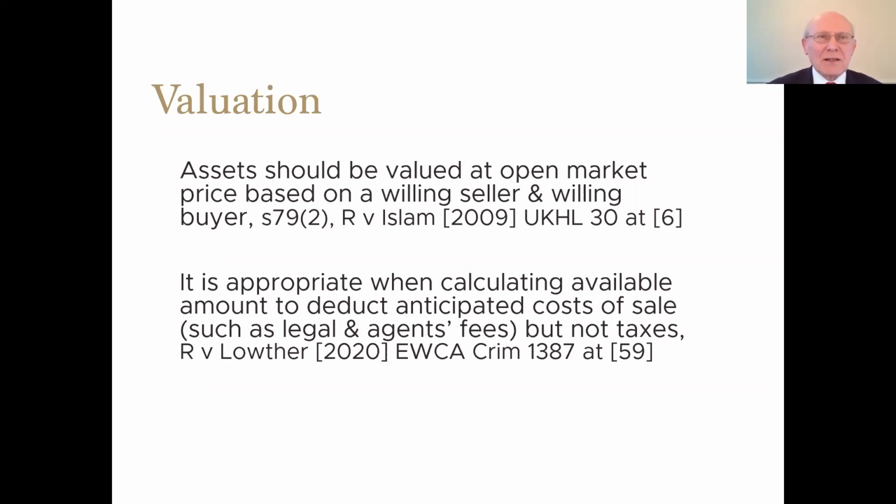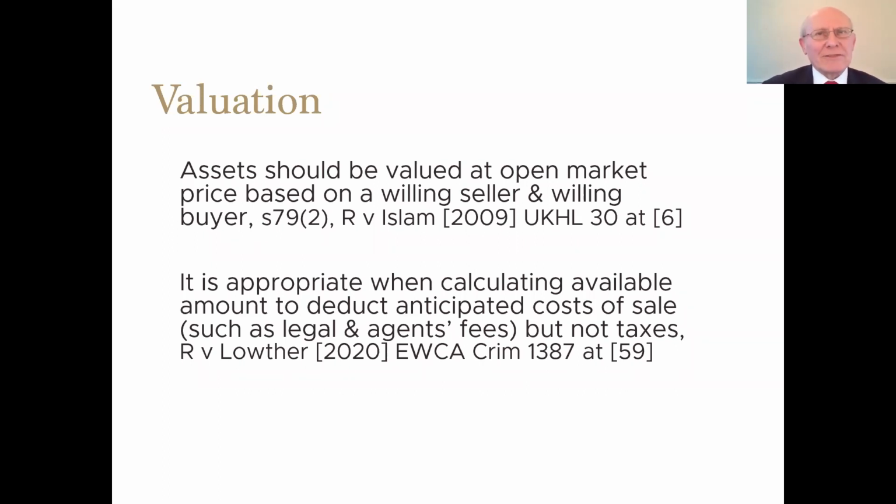And it is appropriate for the purpose of calculating available amount, and I stress that, for the purpose of calculating the available amount, not for the purpose of calculating benefit. For the available amount, you can deduct the anticipated costs of sale. So there might be 2 or 3% knocked off there for anticipated legal and estate agents' fees.